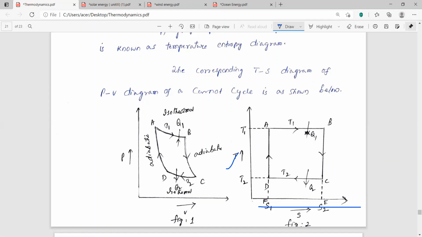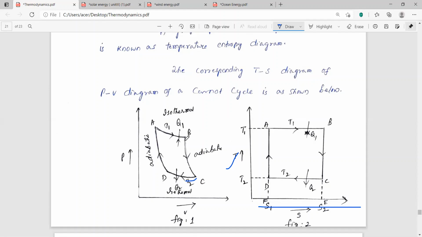The isothermal expansion can be shown with the curve AB. The adiabatic expansion can be shown with the curve BC. Similarly, isothermal compression can be shown with the curve CD. Similarly, the adiabatic compression can be shown with the curve DA.